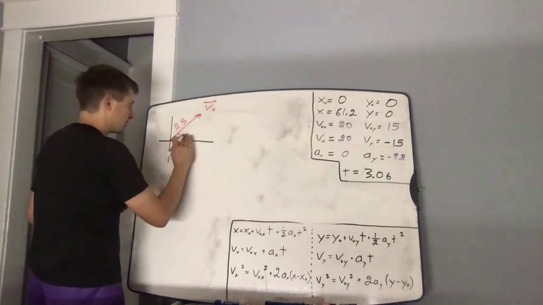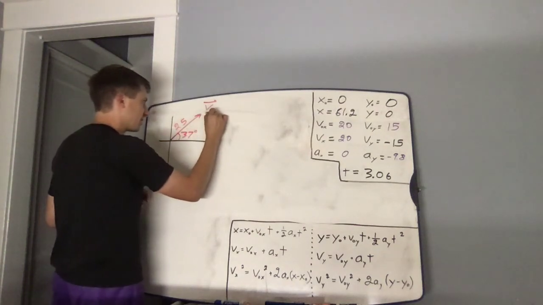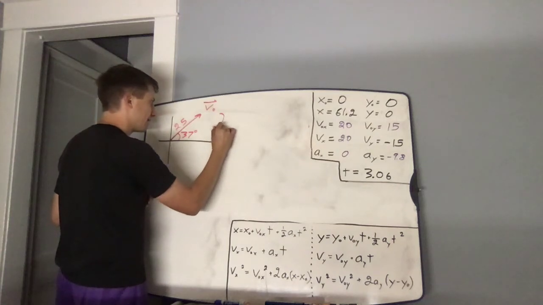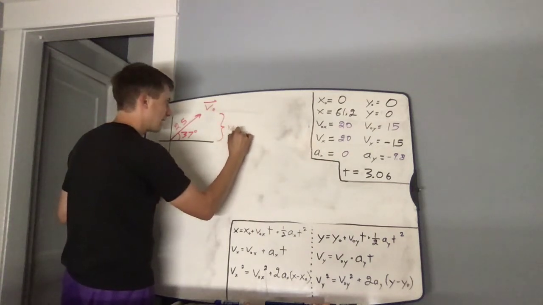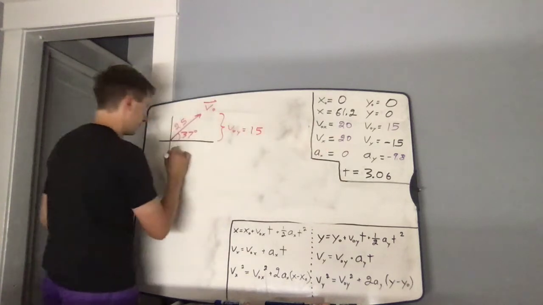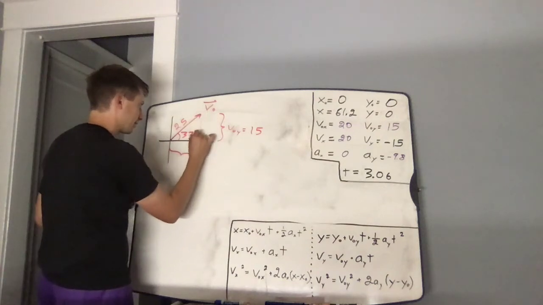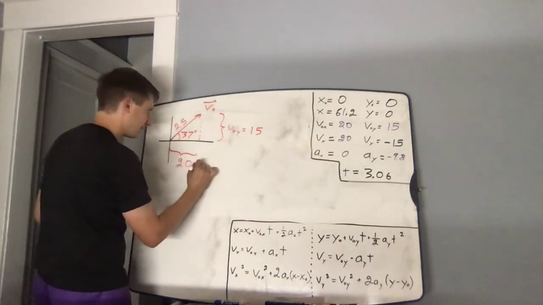Then I could say this V initial y is equal to 15. Here, V initial x is equal to 20.